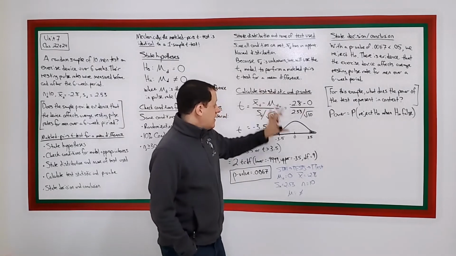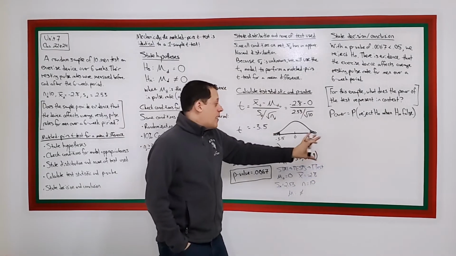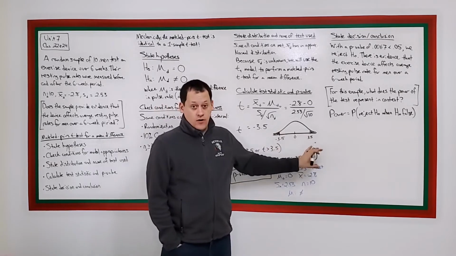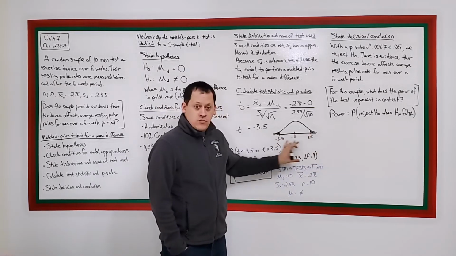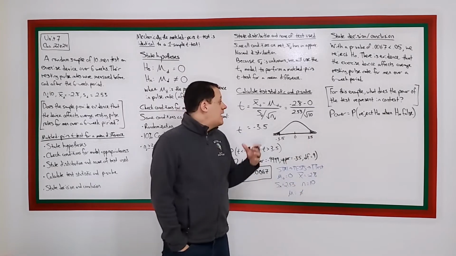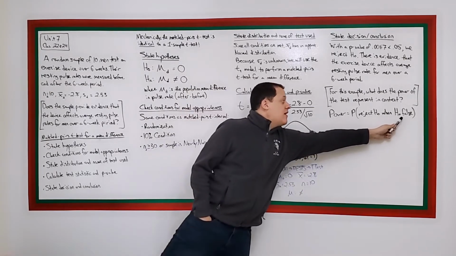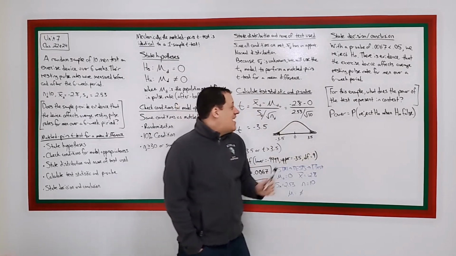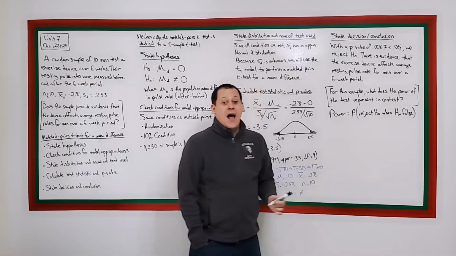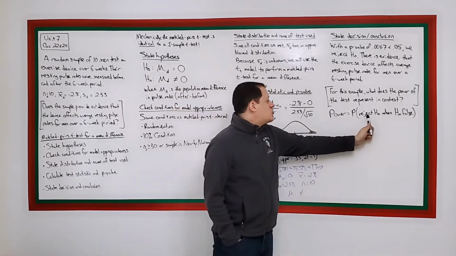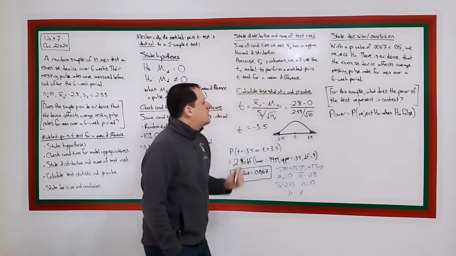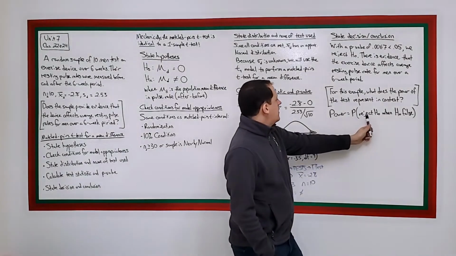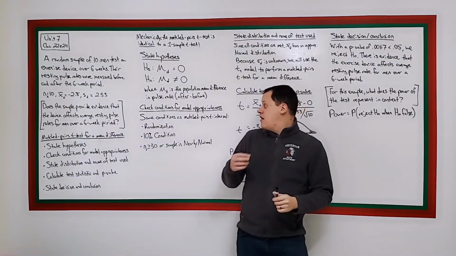Okay? If you are thinking of that diagram with the two curves, remember power and beta, type 2 error, were on the same curve. Those two are what could possibly happen if you have a false null hypothesis. Type 2 error is when you make a mistake and fail to reject. Power is what happens when you make the right choice and reject the null when it's false. Okay? So that's what it means in general. So what does the probability of rejecting the null when it's false mean for this example?